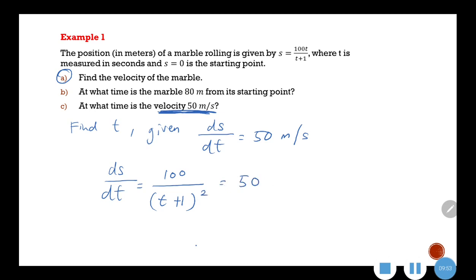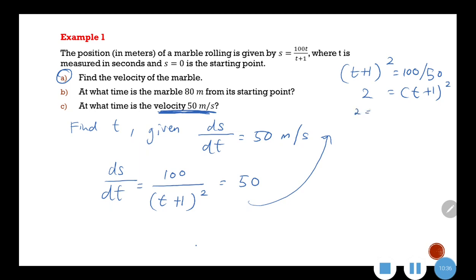Now we want to find t. Easy, right? So t plus 1 square equals 100 over 50, so you will get 2.